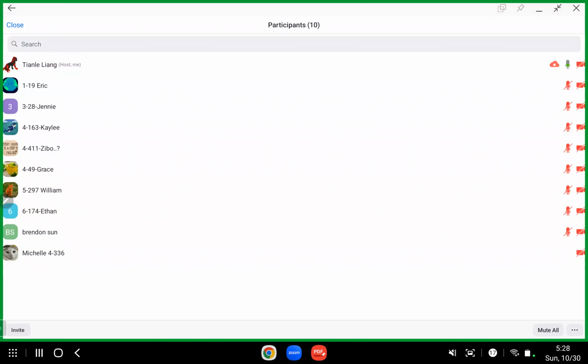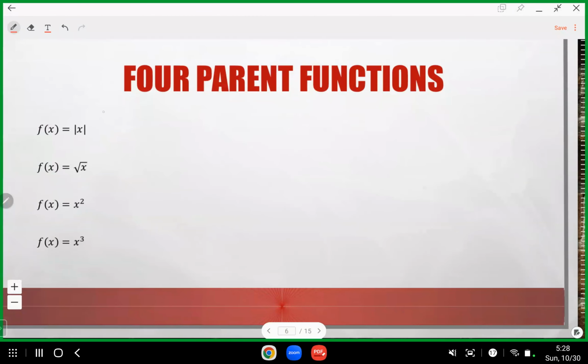Could you help me with this one? Sure. Let's make a table with x and y. If x is equal to -3, what is y? y is basically the absolute value of x, so what is y? Is it 3?